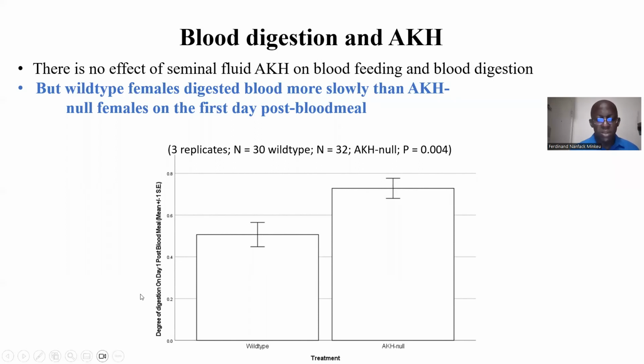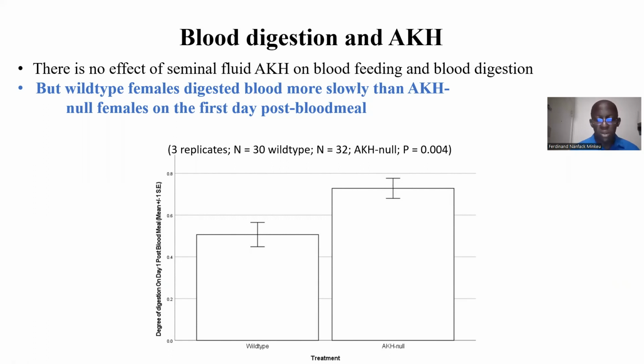On the y-axis, you have the digestion curve, and you have different groups that we use for comparison. In general, the wild type digests blood more slowly than the mutant on the first day post blood meal. After this result, we said, okay, we need to look at the impact of AKH on remating.